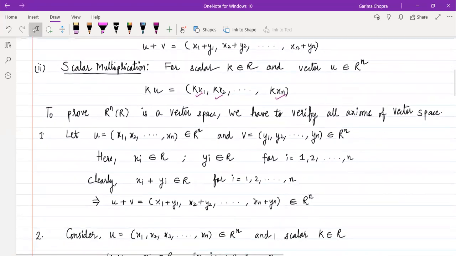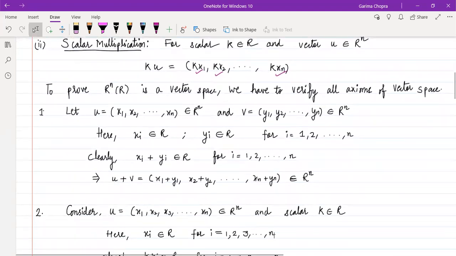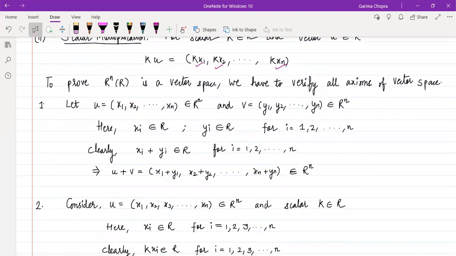So we are starting with the first axiom, in which we will check that vector addition is closed in the set Rn. So we have taken two arbitrary vectors u and v. They are in the form of n tuplets. Here, all these xi and all these yi, where i is varying from 1 to n, are real numbers. And it is very obvious that when we are adding two real numbers, then the result will again be a real number.